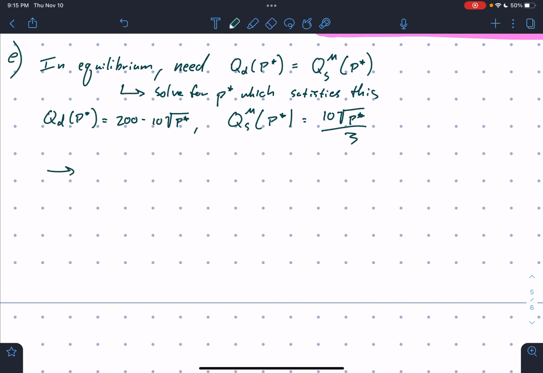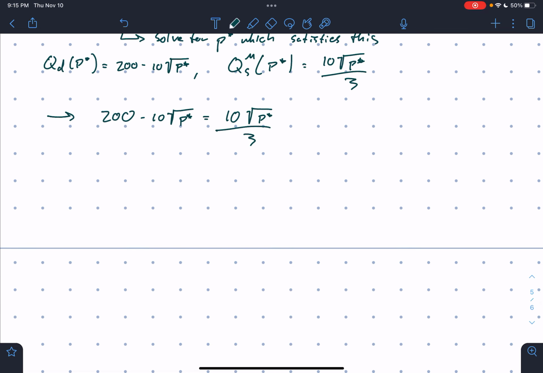So what we need is 200 minus 10 root P equal to 10 root P over 3. Okay, so what can we do here? I'm going to move this over here.